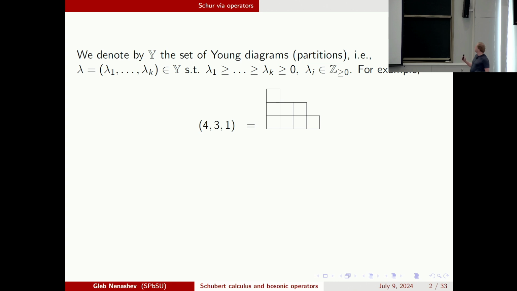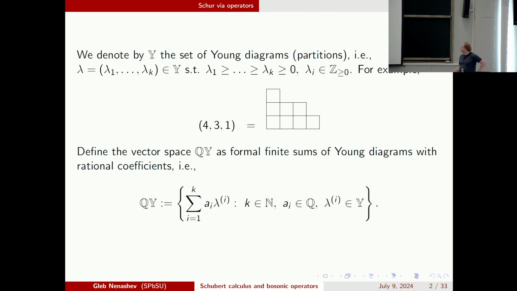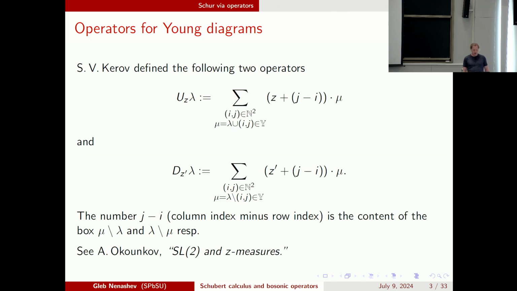Okay, so it's a Young diagram: 4, 3, 1. I'm working with just a vector space of Young diagrams. So we have finite sums of Young diagrams with rational coefficients. And Kirov defined the following two operators.